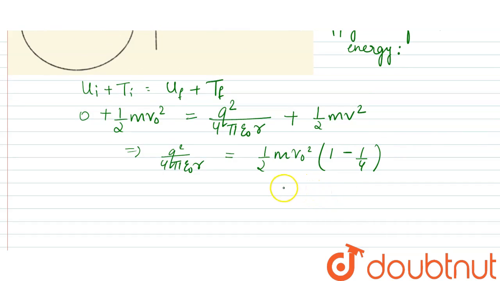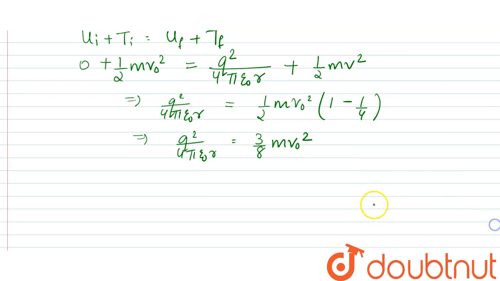So q square by 4 pi epsilon naught r is equal to 3 by 4 of half m v naught square, that is 3 by 8 m v naught square.